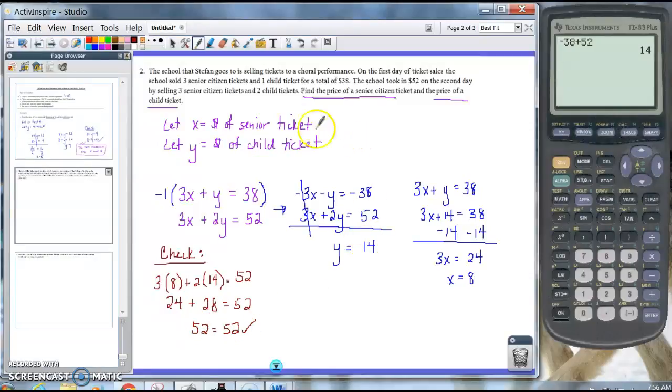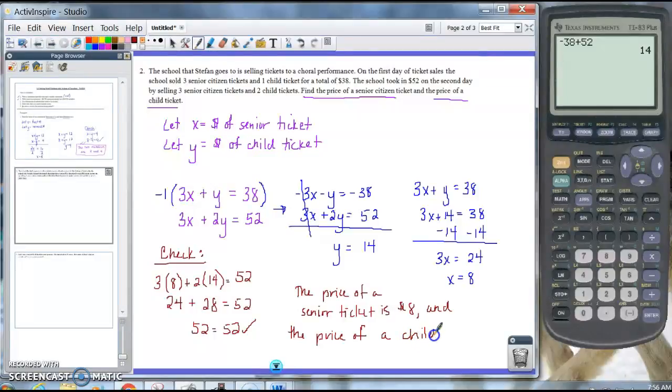Okay, so the last thing we have to do is answer the question. The price of a senior ticket is $8, and the price of a child ticket is $14.